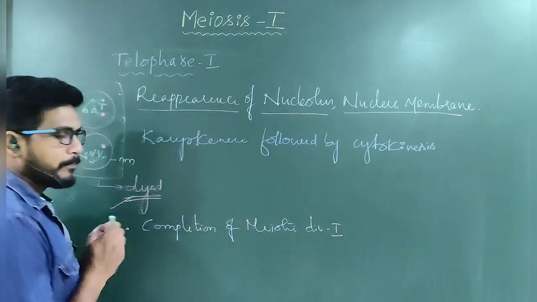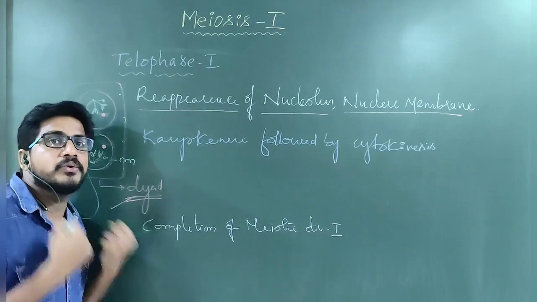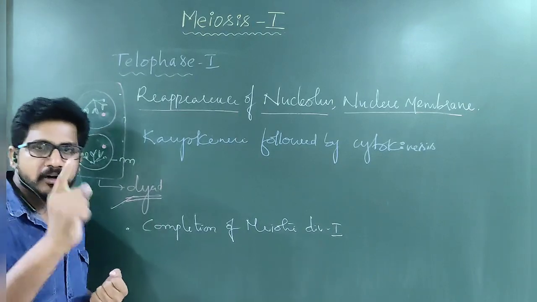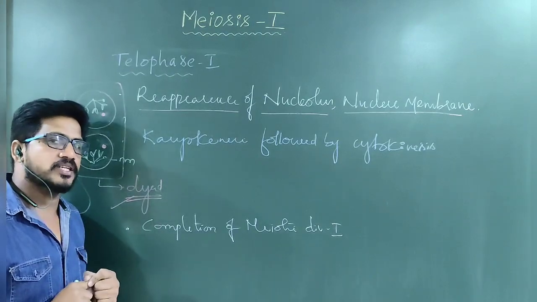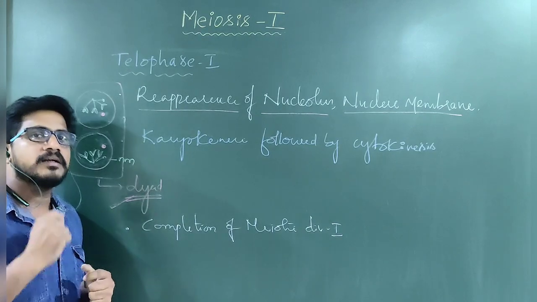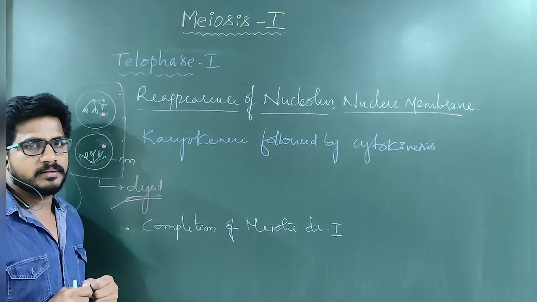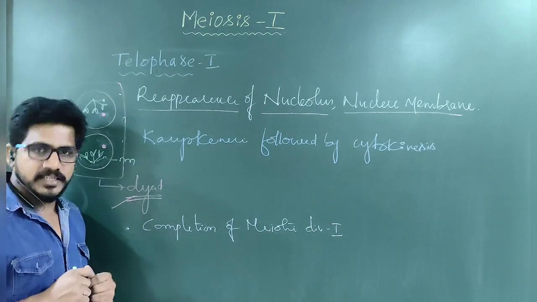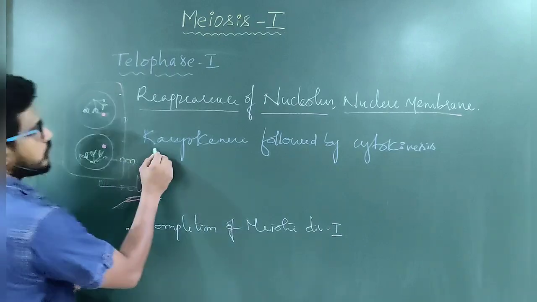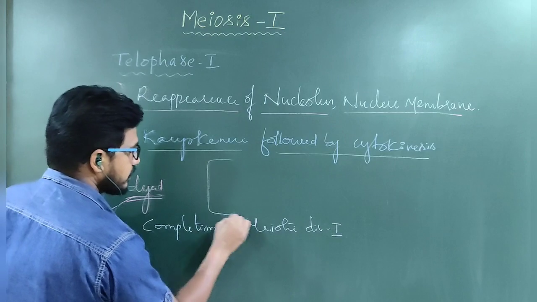Understand? The important thing is that both sets of chromosomes carry new characters, a variety of characters, because of the recombination and crossing over that took place in prophase 1. Which phase? Cytokinesis. Understand? Now, karyokinesis is followed by cytokinesis.